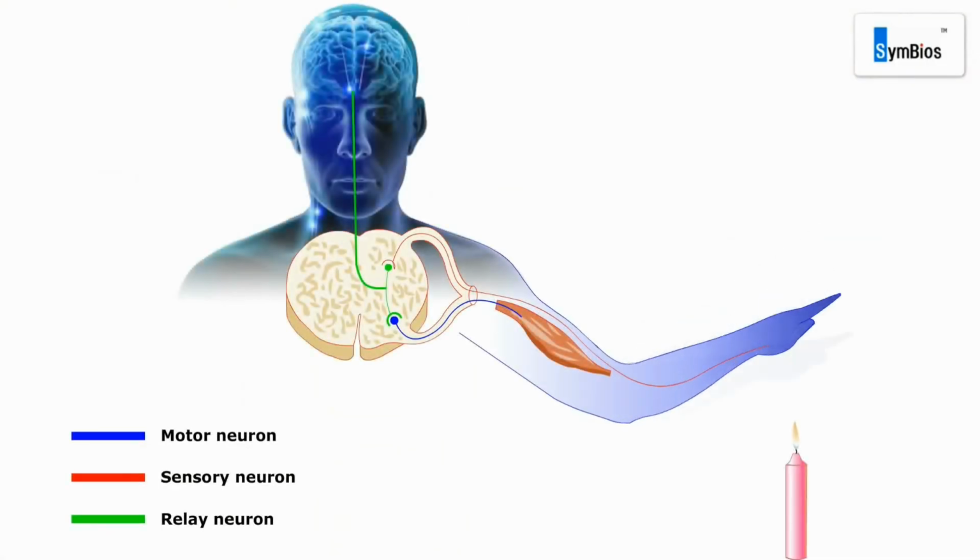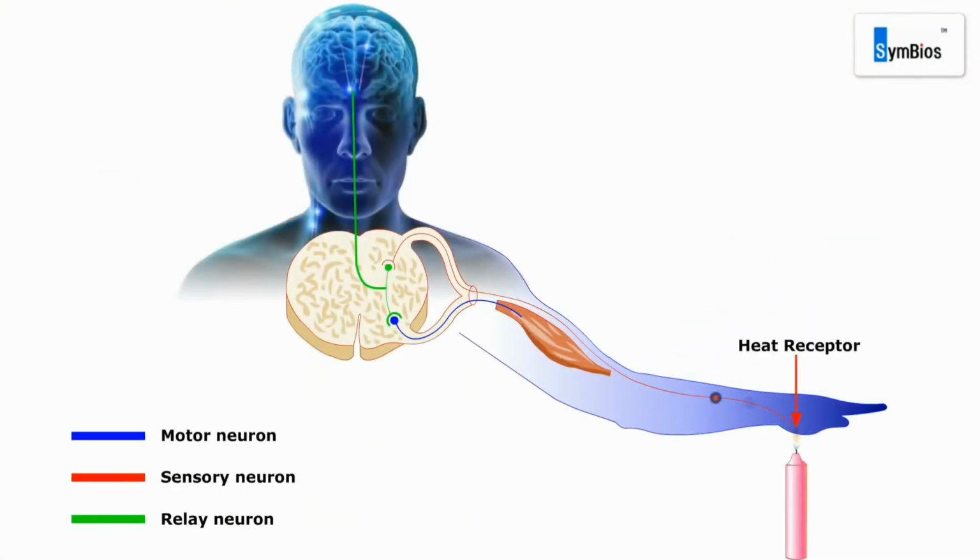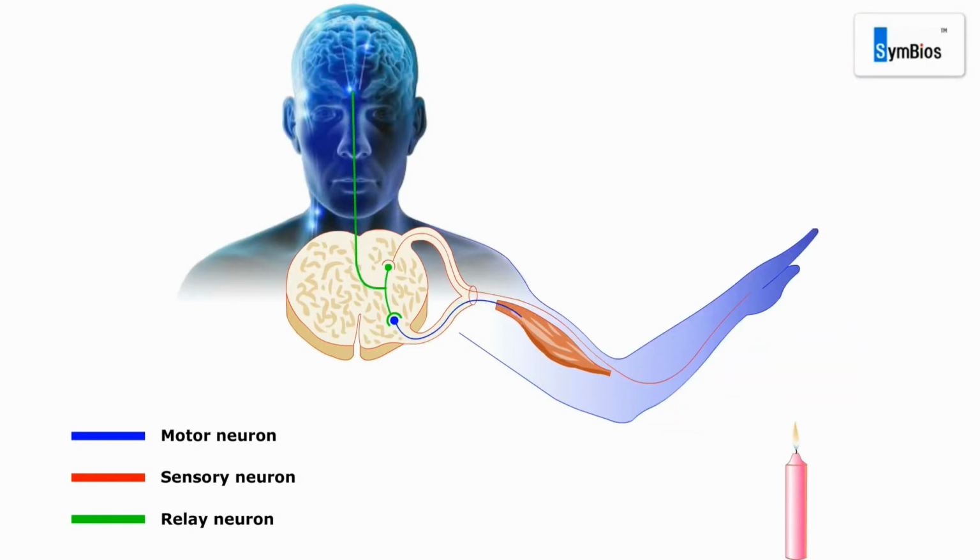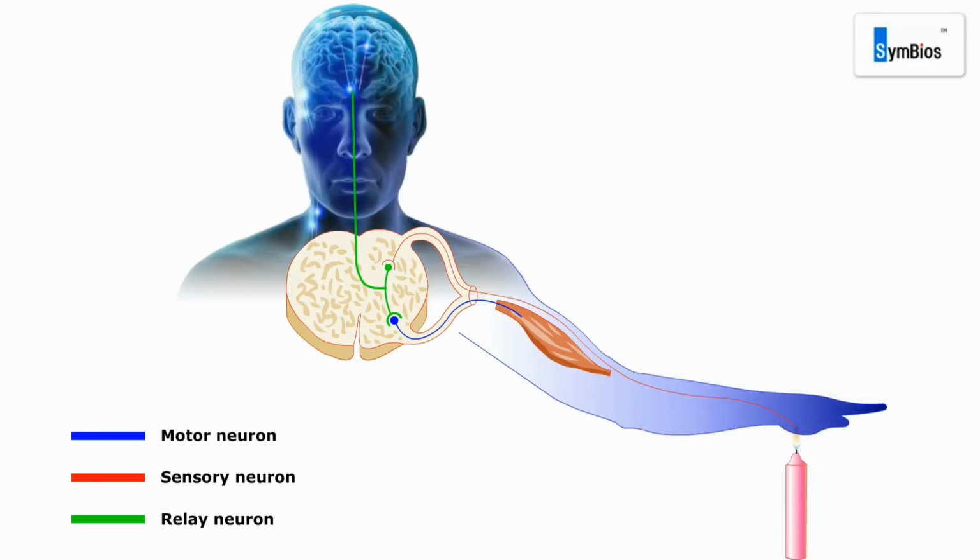Now let us look into the flow of impulses in reflex actions. If we unknowingly touch a hot object, this heat is sensed by a heat receptor in our hand. The receptor starts an impulse in a sensory neuron, which transmits the message to the spinal cord.